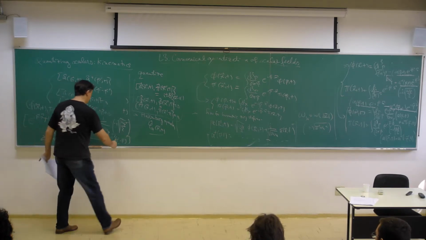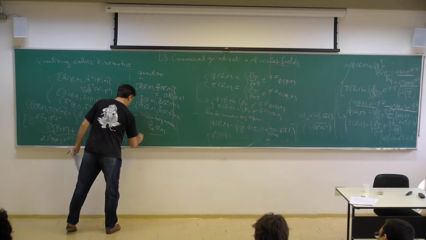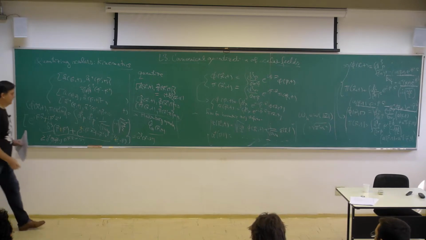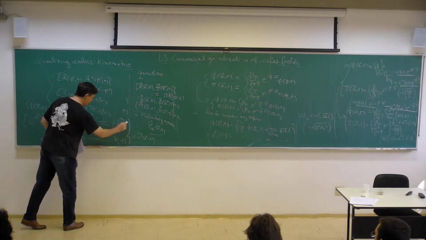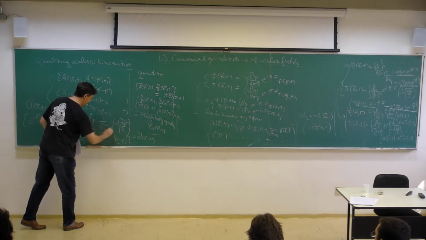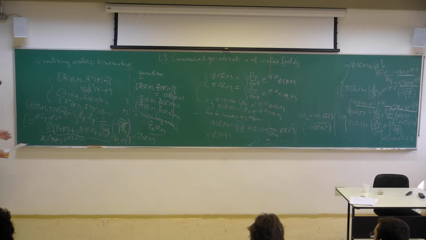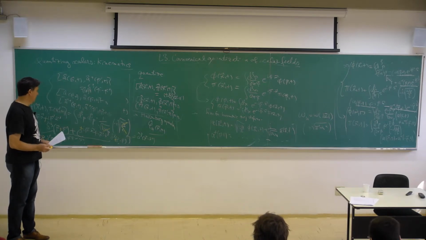Right? So the final result is indeed delta 3 x minus x prime. Okay? And then these things cancel, and the square root 2 cancels with a 2. All right. So we do get indeed just 1.